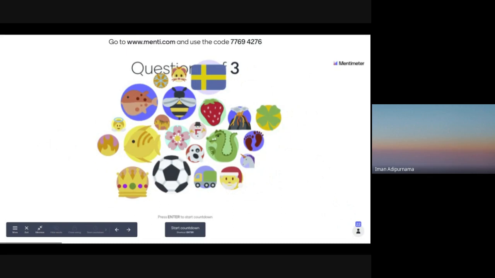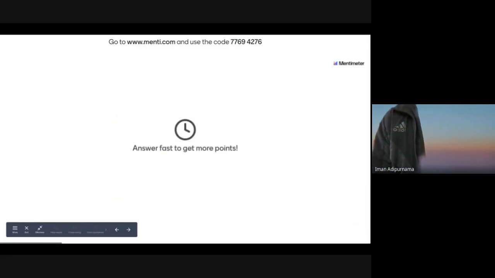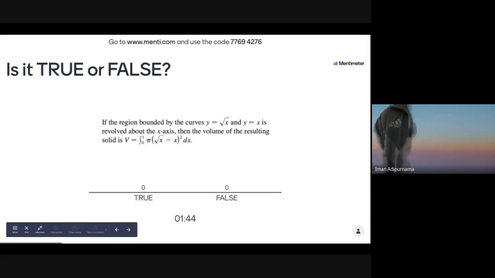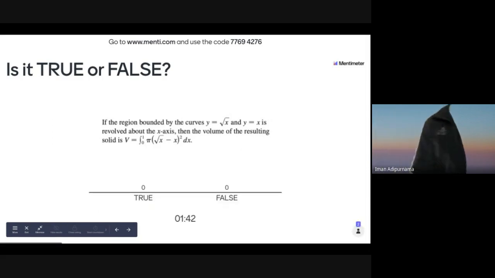Okay, I think we can start. I hope the time is enough. It's just a true-false question. We have three questions. The last two questions will have some calculation.